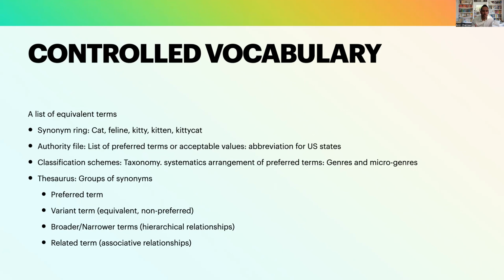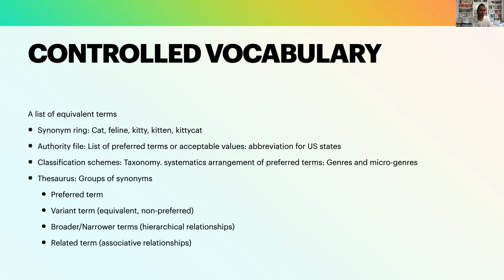Controlled vocabulary. When you design a search, you want to have different versions of a word, and I'm not going to go into much detail. It's very obvious: if a person searches for cat or kitty or kitten, you want to present the same information.